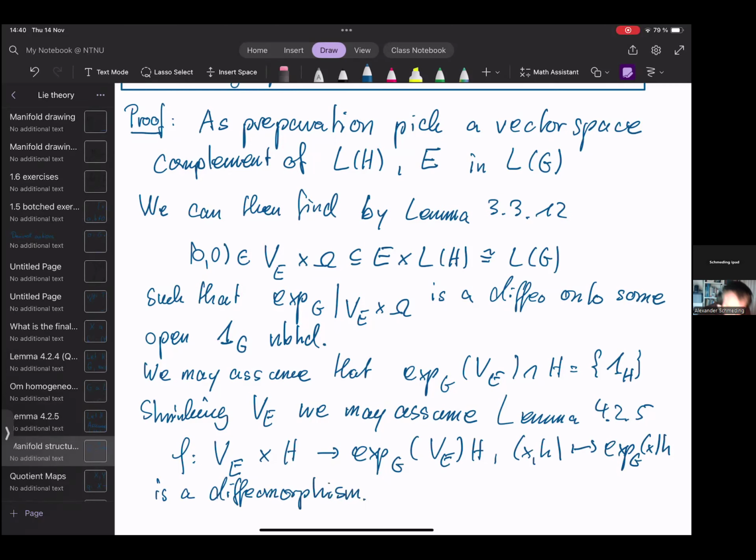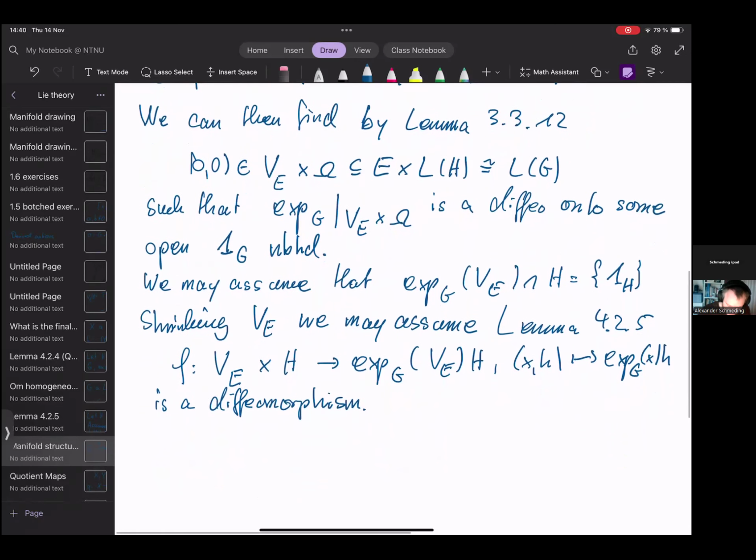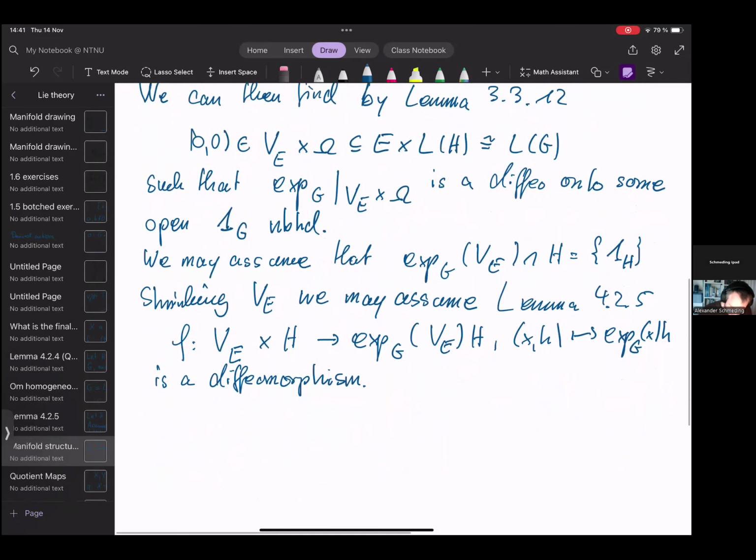Great. So this is the preparation we need. However, to make the idea I was just describing work, that we use the group operation, let us observe one more thing. The following diagram we are going to write down now commutes.